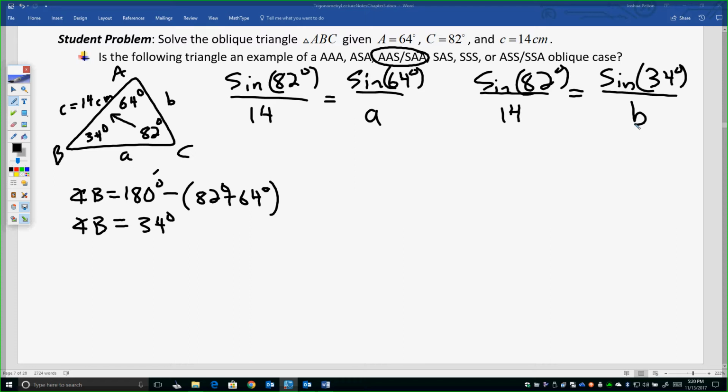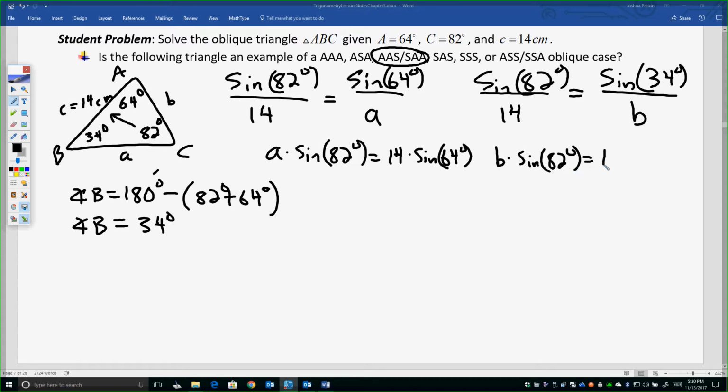Okay, so we'll cross multiply. So we cross multiply, get A times sine of 82 equals 14 times sine of 64, and B times sine of 82 is 14 times sine of 34.